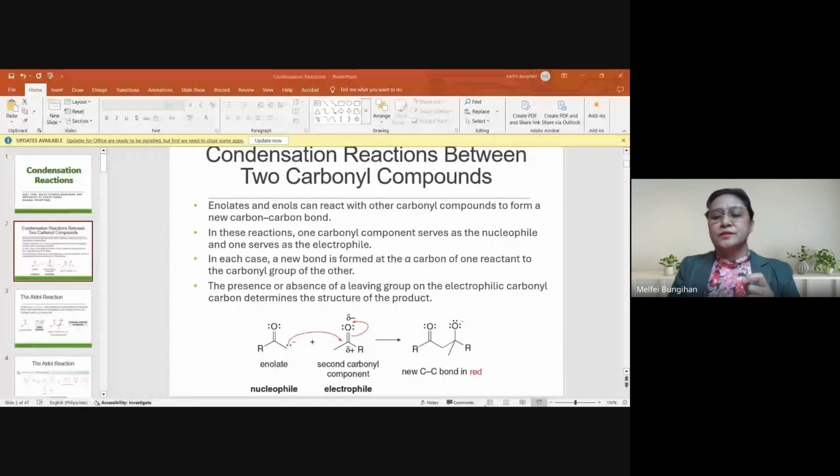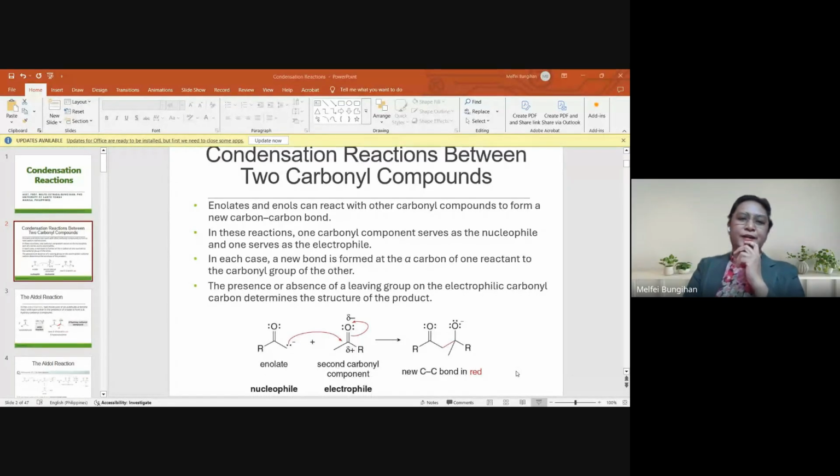Even if the aldehyde becomes more complex, you have more R groups here after your alpha, you would still mark this alpha carbon as your nucleophile. And you just have to follow placing all those lengthy R groups next to your alpha carbon, because that is where you produce your enolate or your nucleophile.